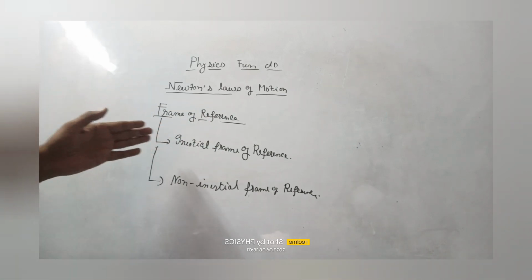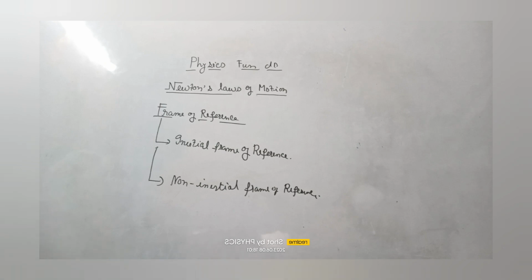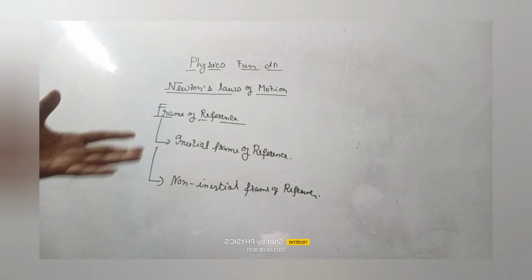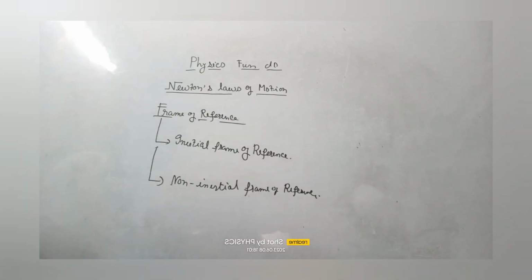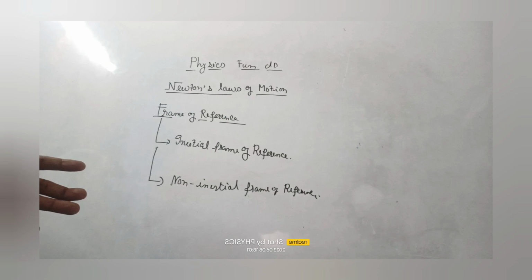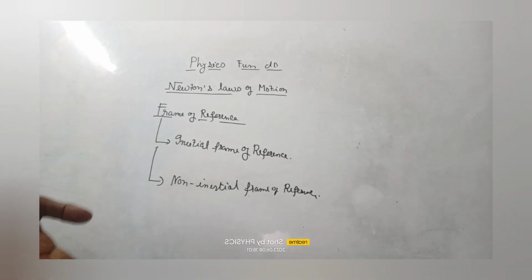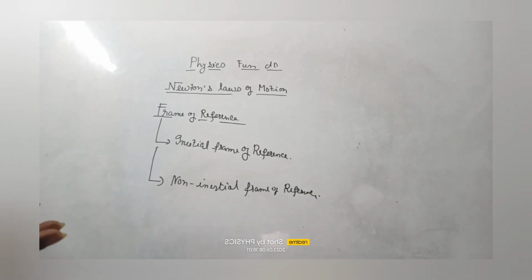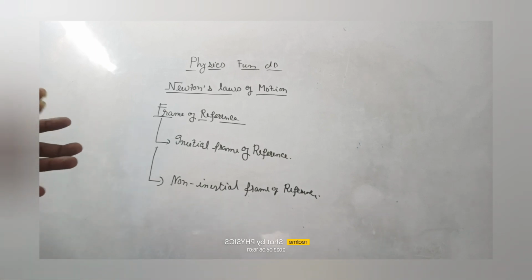Now, what is the significance of the inertial frame of reference? All the laws of motion, Newton's laws of motion, are described in the inertial frame of reference. Let us take an example. Newton is sitting underneath the apple tree, and the apple is coming down from the tree towards the earth. That was the inertial frame of reference.